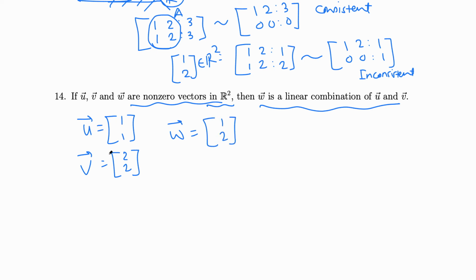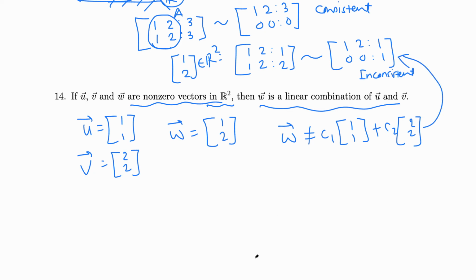Now I have u, v, and w in R2, but this w is not some constant times 1 1 plus some constant times 2 2. We cannot. If you try, it's going to go like this. But what is true, if we have u and v linearly independent, unlike this, then any vector could be written as a linear combination. That would be true. So it does not say anything about u and v, so that's false. No, not a linear combination.